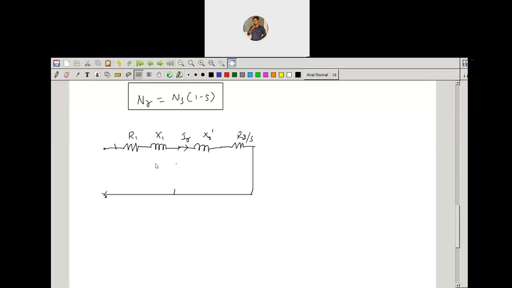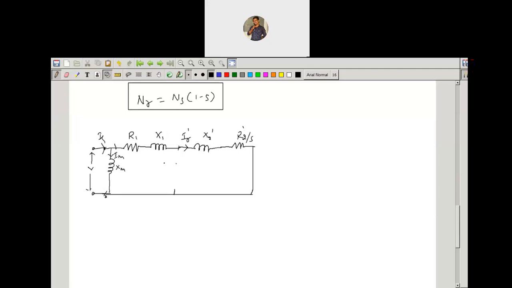Here I am neglecting the stator impedance drop. So I am redrawing the equivalent circuit diagram of the induction motor. This is the supply voltage in volts, this is the stator current Is, this one is the IR dash and R2 dash by s, and this one is Im, the magnetizing current. This is the magnetizing reactance Xm.